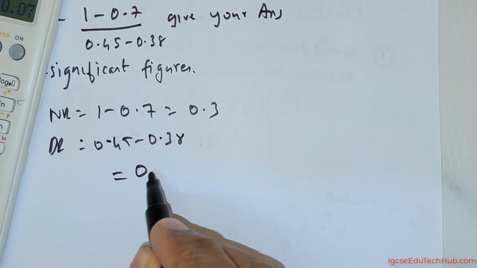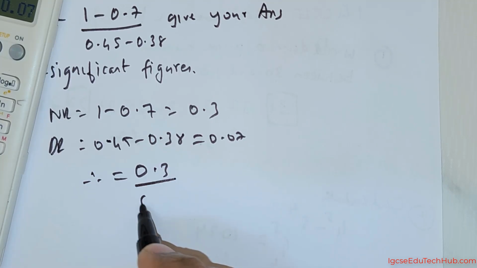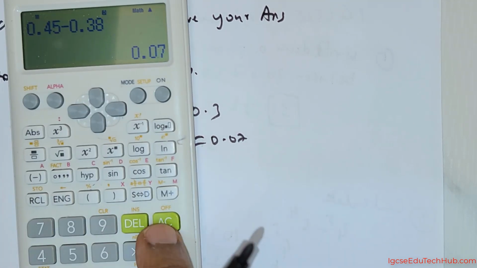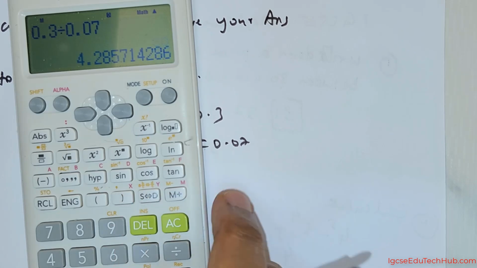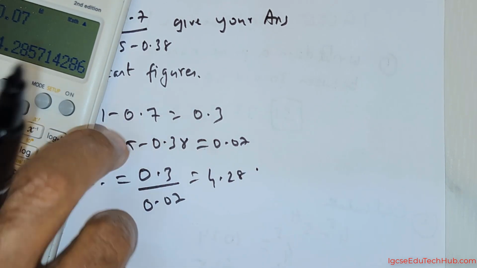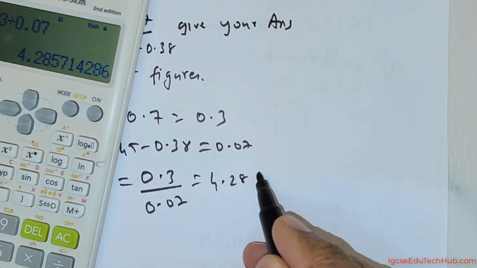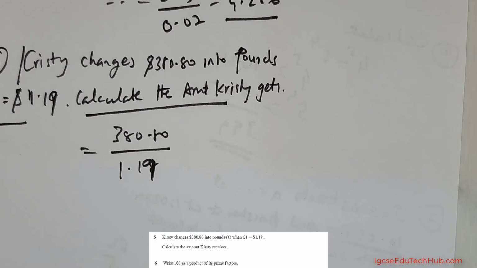You get 0.07. So therefore 0.3 divided by 0.07 is equal to 4.2857. So I'm going to take it as 4 significant figures. So this is the solution.